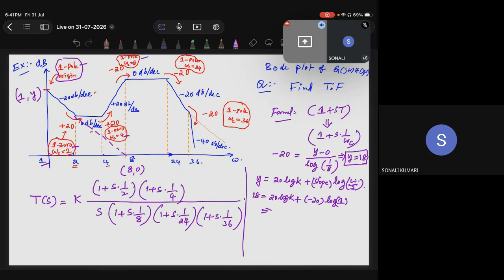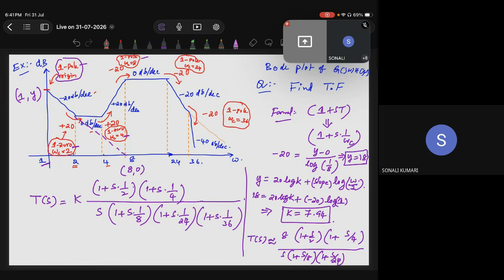From here you will calculate k as approximately 7.94. So finally your T of S is approximately equal to 8 times (1 plus S by 2)(1 plus S by 4) divided by S multiplied by (1 plus S by 8)(1 plus S by 24)(1 plus S by 36). So this is your transfer function.